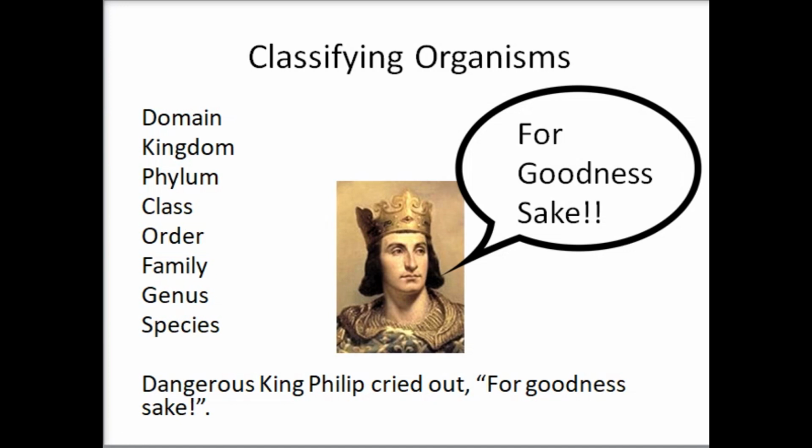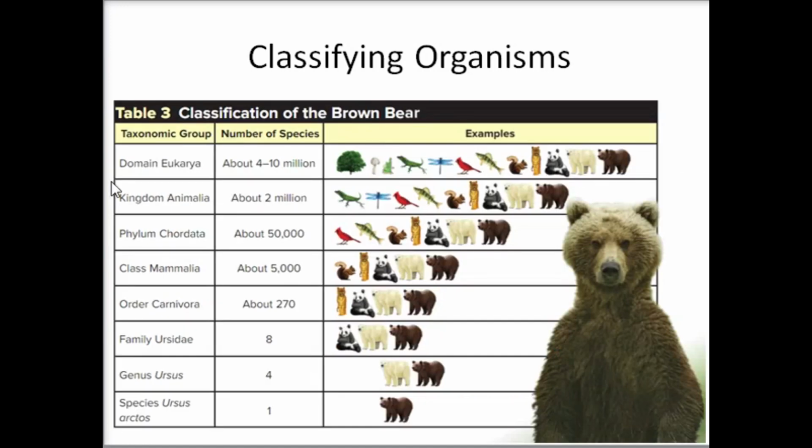Now, what does this all mean? Okay. We're going to use this bear as an example. So we've got the domain, kingdom, phylum, class, order, family, genus, species. All of those taxonomic groups are listed on the side here. Now, at the very top, the Eukarya, you've got the most species, 4 to 10 million species.